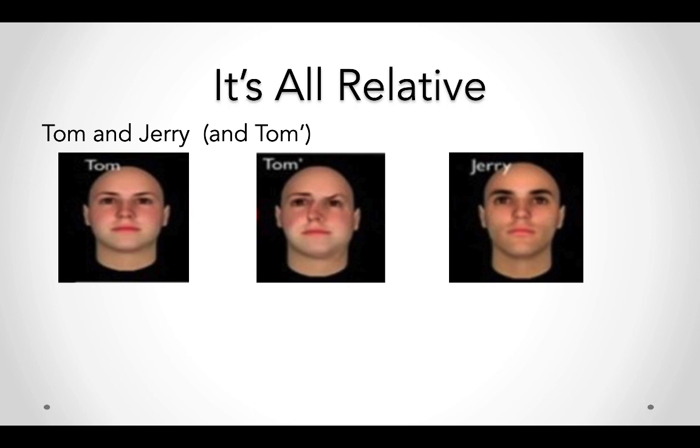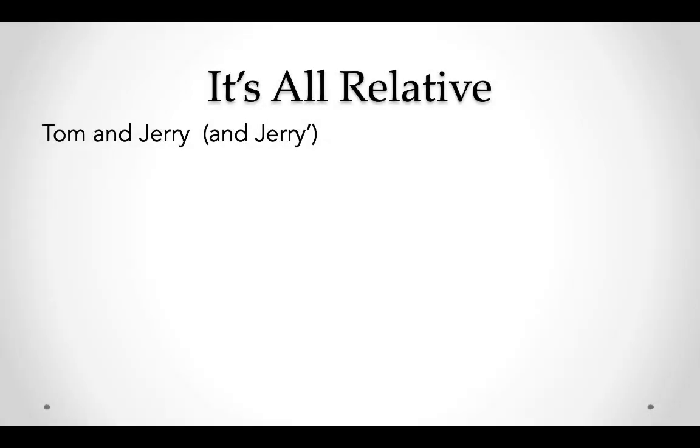Well, since you didn't know how to choose between Tom and Jerry, introducing the decoy effect, Tom Prime, is a given. It's a given that you're not going to go with Tom Prime, but it helps you choose Tom. Does it make sense? Because I don't know how to choose between Tom and Jerry, introducing Tom Prime helps me choose Tom because they're similar, but Tom is better than Tom Prime.